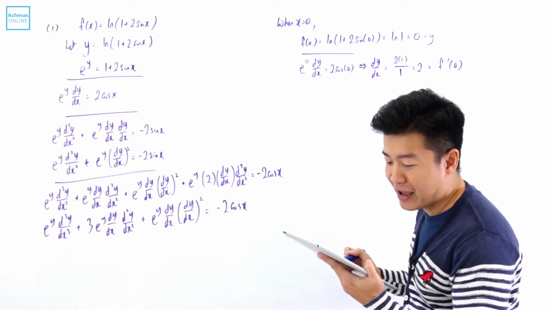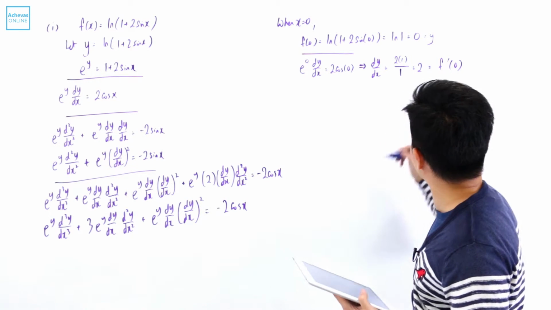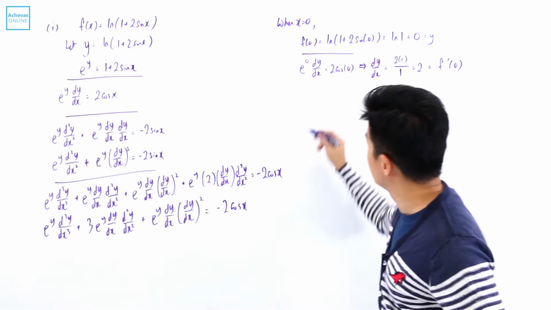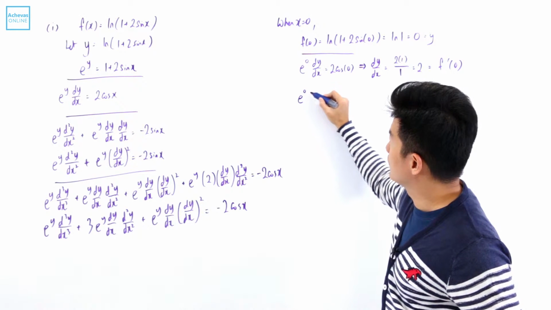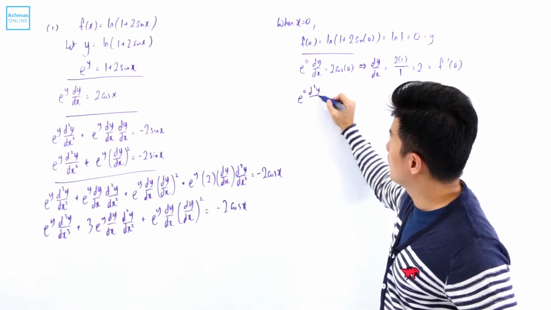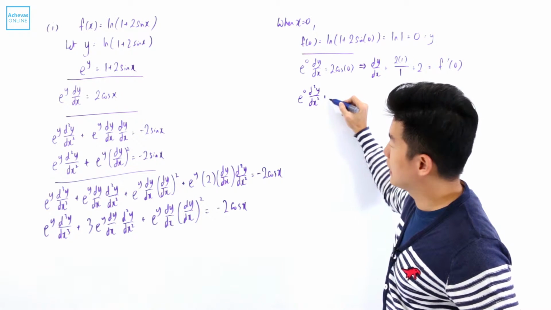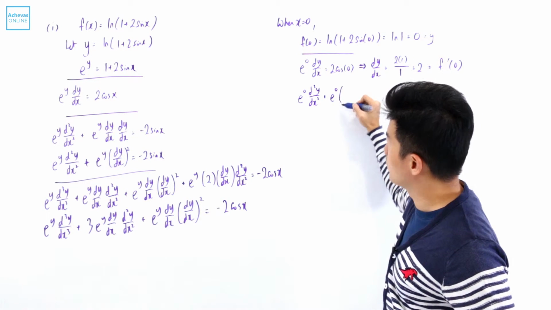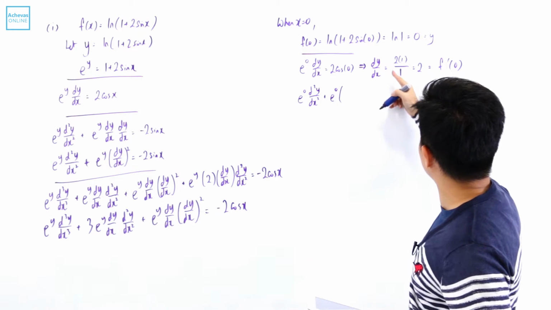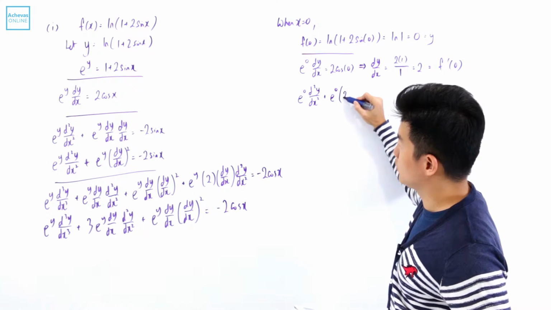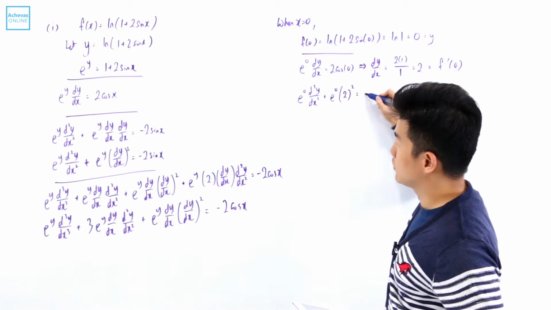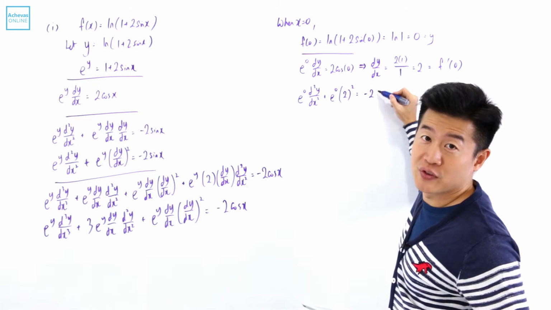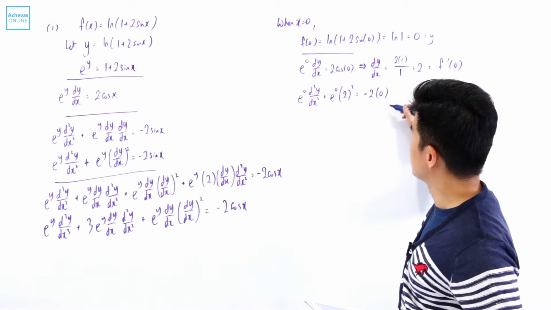Okay, next I want to find f''(0) by making use of this. It is e to the power of 0 d²y/dx² plus e to the power of 0 of (dy/dx)² is equal to minus 2 sine of 0, where dy/dx is 2, so 2 to the power of 2. Sine of 0 is 0.